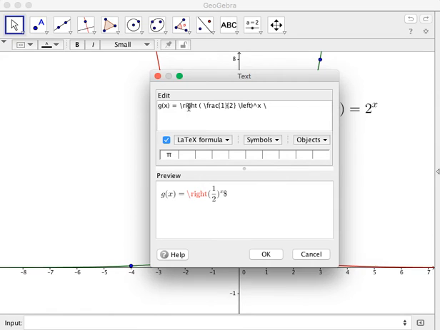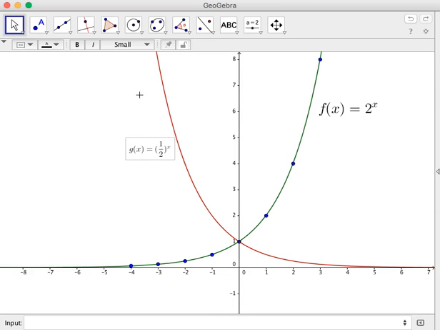Anyway, hindi ko na siya malatek. Hindi ko maalala yung code, but yeah, it's 1/2 of the x. Let's make it a little bigger. So 1/2 raised to x.